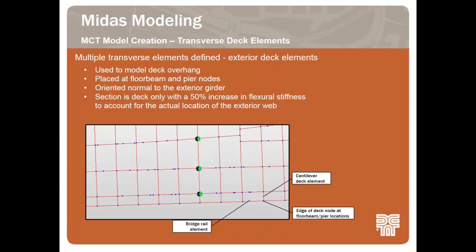To avoid any weird model results from excessive deflections on a rather flexible section, a 50% increase in flexural stiffness was applied to these sections. The bottom figure shows the edge of deck node that would be created, the cantilever deck element, and then the bridge rail element that we'll discuss later that connected them.